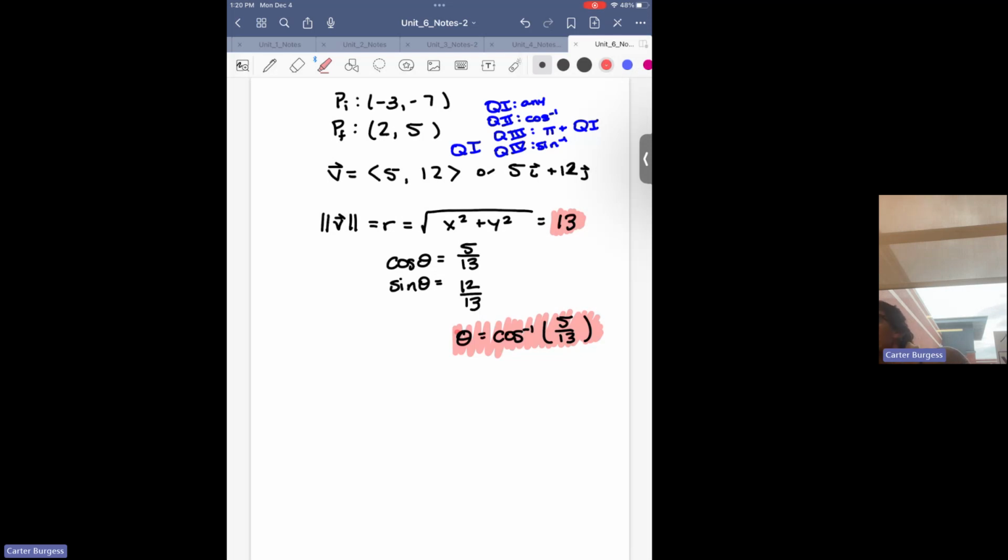You just write the inverse trig statement that goes along with the statement that you have. So for instance, saying that cosine of theta equals 5/13 is equivalent to saying that theta is equal to cosine inverse of 5/13 if what we are looking at is a quadrant 1 angle. Now, if it's not, then we run into issues and we shouldn't be using that cosine inverse statement. Instead, we'd probably be needing to use the sine inverse statement.